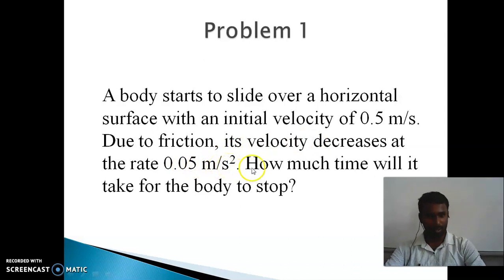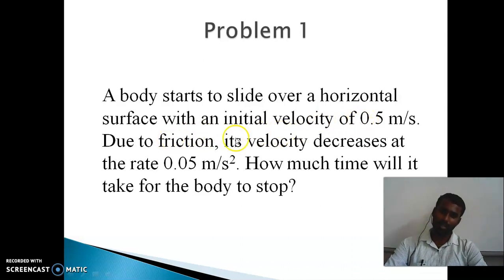How much time will it take for the body to stop? Just look at the problem. In the term initial velocity, which represents u, the u value given is 0.5 meter per second, and due to friction its velocity decreases.